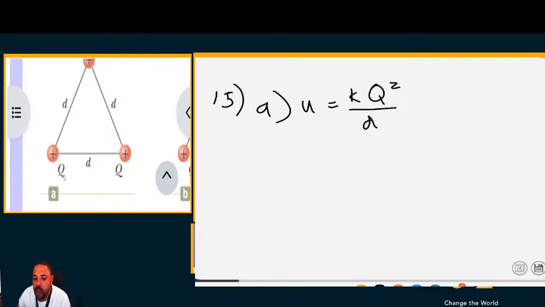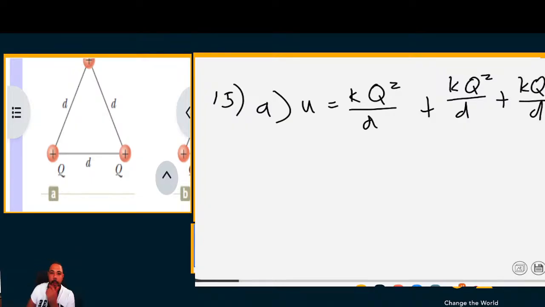So it's kq squared over d, plus the top one and the bottom one on the right, kq squared over d, and then the two on the bottom, kq squared over d.